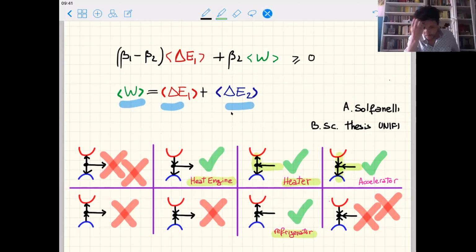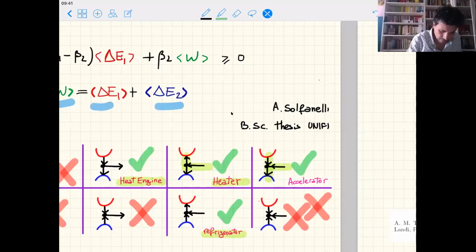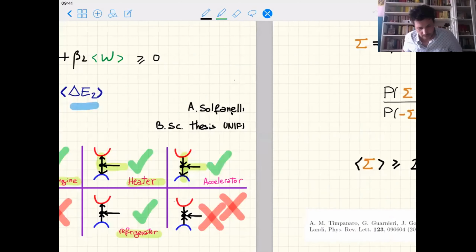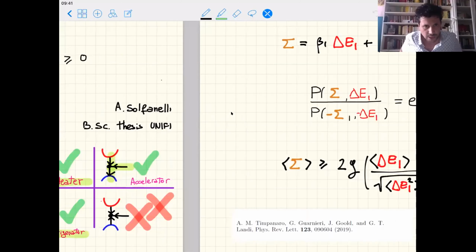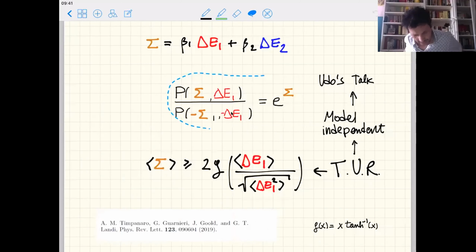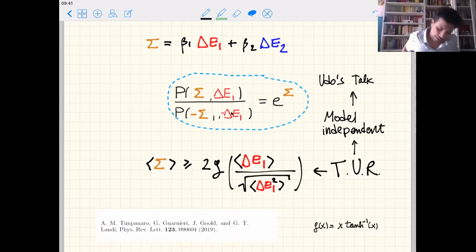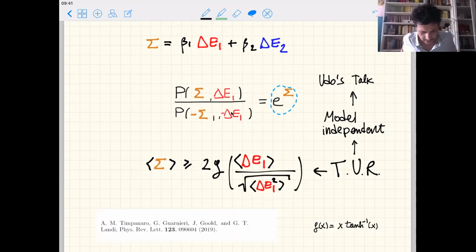Now, if you make a change of variable from delta E2 to sigma, the fluctuation relation reads in this manner. The joint probability of having entropy production sigma and energy change of your chip to be delta E1, over the probability for the same exchanges but with negative signs, is of this exponential form.